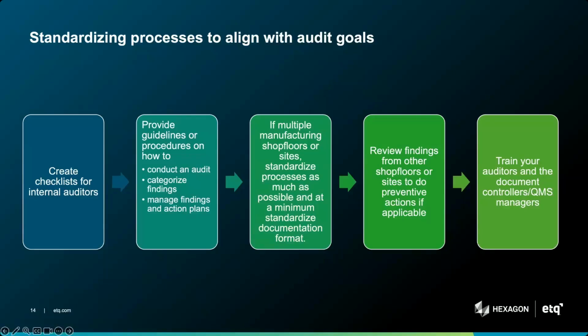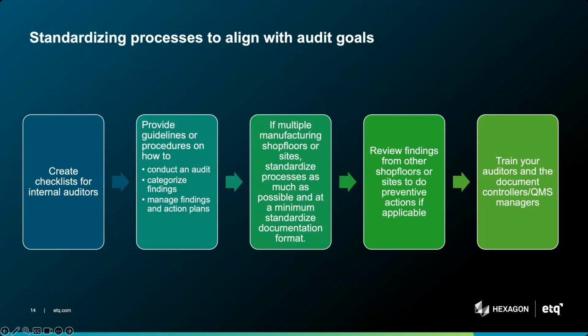The first helpful thing is to create checklists for your internal auditors, so they can all audit the same way and look at all the same requirements. You're also going to want to have guidelines and a procedure on how to conduct the audit and how to categorize findings so they all work at the same level, and how to manage findings and action plans.